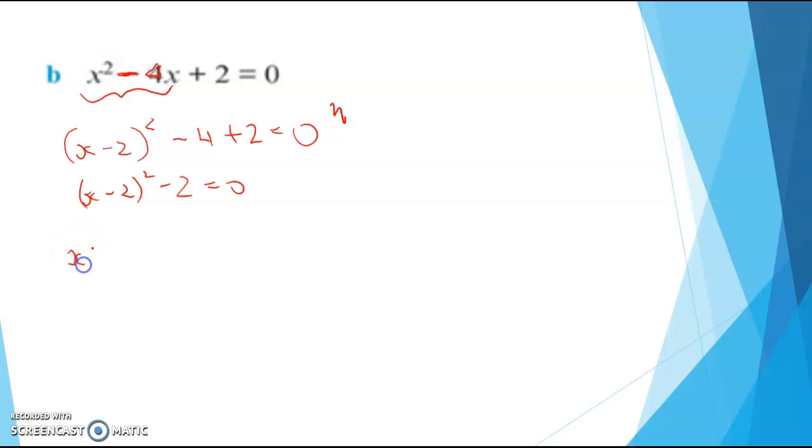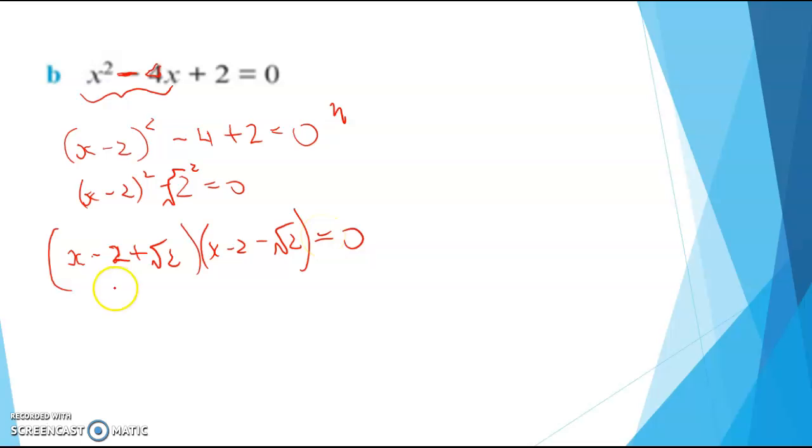So that's x minus 2. Remember, we're going to set this up as the square root of 2, so plus or minus root 2. x minus 2 plus root 2 and x minus 2 minus root 2 equals 0, which is the null factor law.